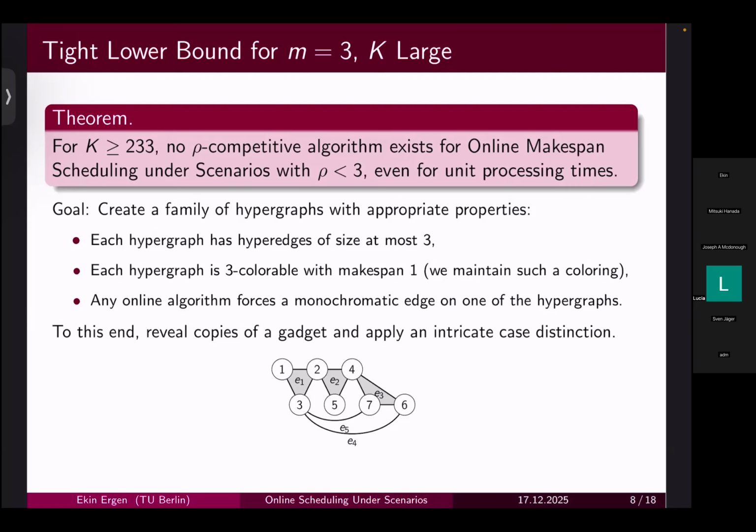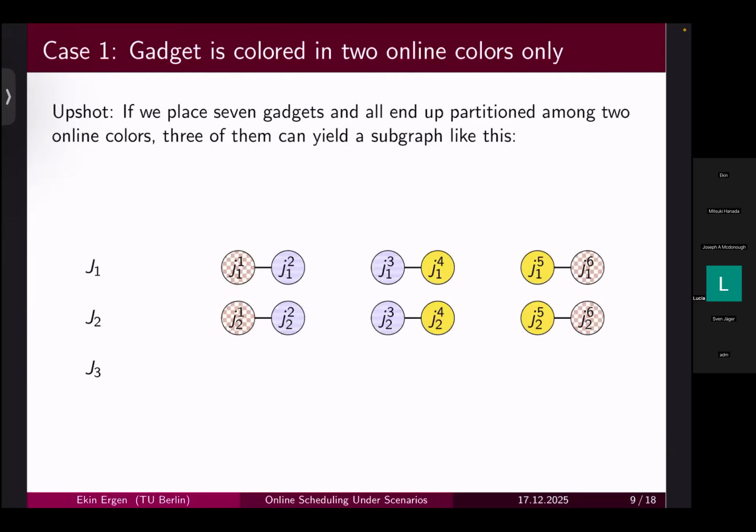So we may assume that this doesn't happen. The algorithm colors this gadget, if we release a copy, either with 2 colors or with all 3 colors. So if it's colored in 2 colors, then you will have to believe me that the gadget is created in such a way that if we release 7 gadgets, then we have a sub-hypergraph like this.